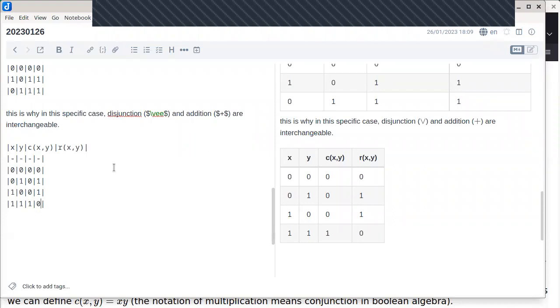So that means in base 2, you can implement the C function using logical AND. Let me just write it down here, because I wanted to make sure that I summarize what I'm talking about. So in base 2, x plus y, the whole thing, mod 2 is really the same thing as x and y.